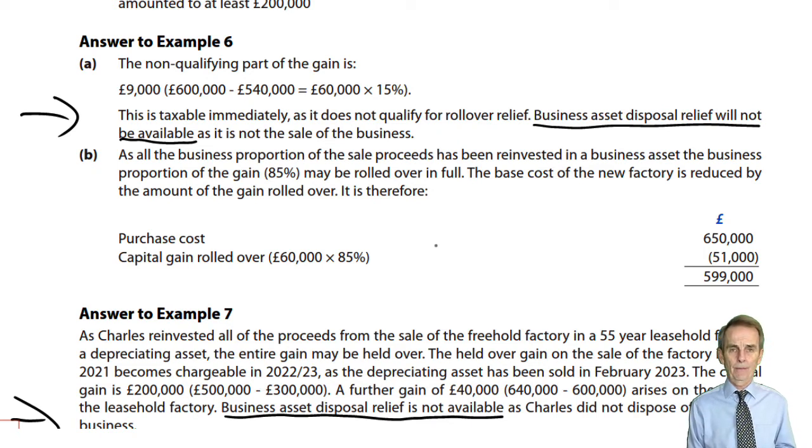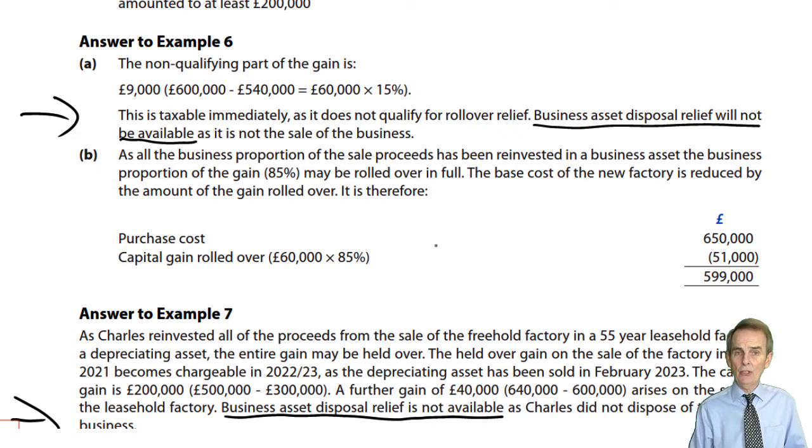That is what qualifies. Here, we're dealing with individual assets being sold. Most specifically, business properties is the main one, the only one that we're ever going to see rollover relief in conjunction with. And that is an individual asset. That, therefore, is not a scenario, the disposal of an individual business asset, that would entitle you to the business asset disposal relief. But again, as you'll hear it in the lecture, entrepreneurs' relief.